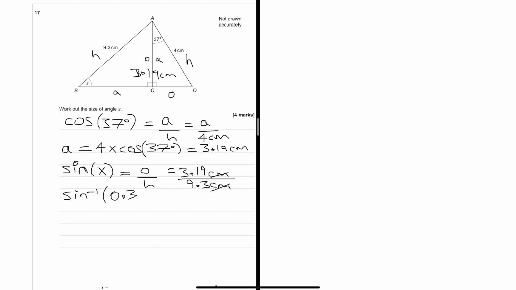So sine to the -1 of 0.34 is equal to x. And just so you know, the reason for that is that we applied sine to the -1 of both sides. So sine to the -1 of sine of x, these two cancel out, so you're just left with x. So when we do this in our calculator, we get that x is equal to 20.1 degrees.